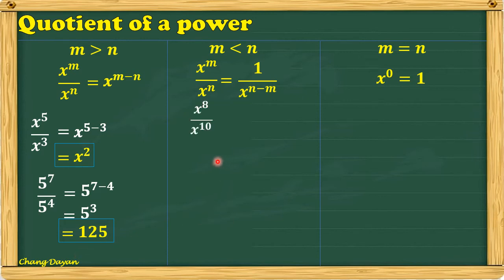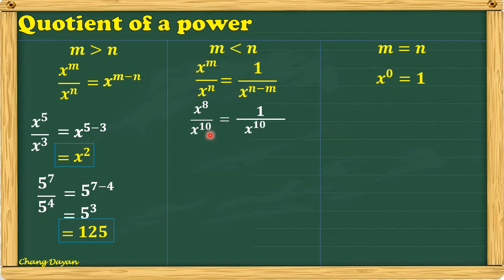Next example. Okay, so kung mapapansin nyo, mas mataas ang exponent ng nasa denominator kesa sa numerator. Kukunin natin ang reciprocal. So that is equal to 1 all over. Ang ating n ay yung exponent sa ilalim ng fraction bar.